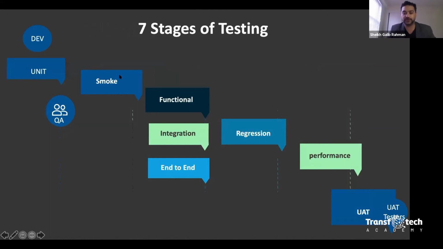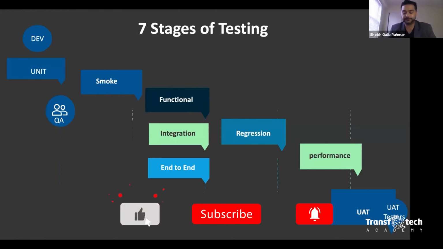Smoke is also called ad hoc, and sanity is sometimes called monkey. I don't know why, but these all refer to the same thing. So ad hoc testing is smoke testing. Non-functional testing basically refers to performance testing, things like that. So it's not a separate type of test. We have already covered that.